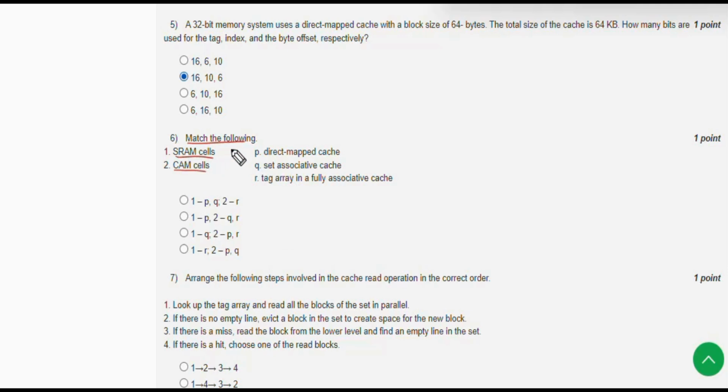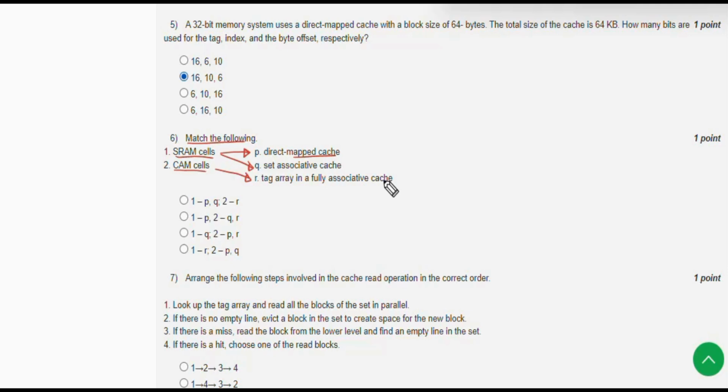SRAM cells will be matched with option P, direct mapped cache, and also with set associative cache. CAM cells will be matched with the tag array in a fully associative cache.